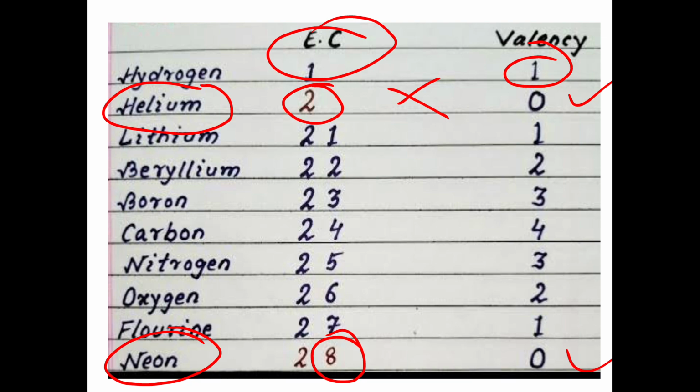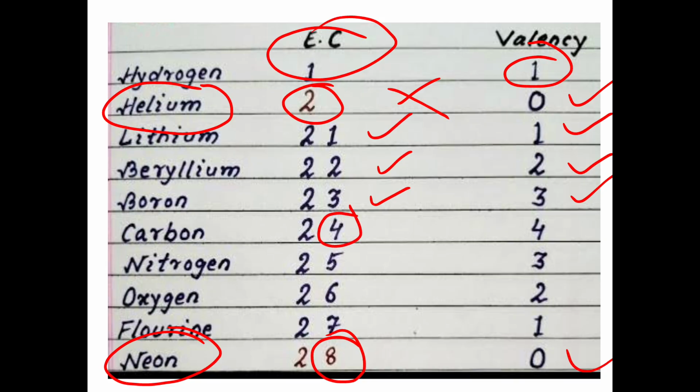Again, for lithium or beryllium or boron, you see the outermost electrons that can be donated are 1 or 2 or 3, and the valency is 1, 2 and 3 respectively. So this rule remains like this up to carbon, where the outermost electron number is 4.